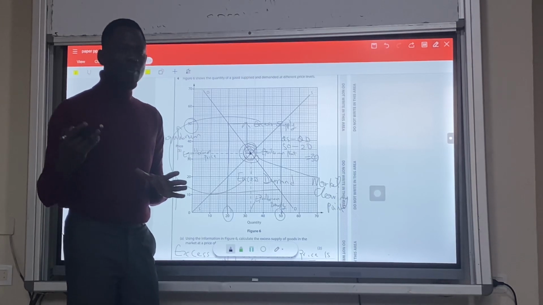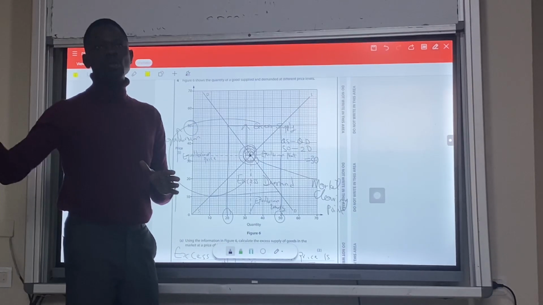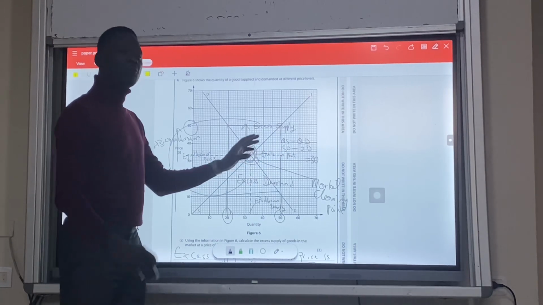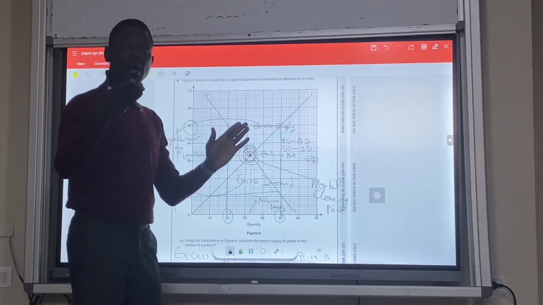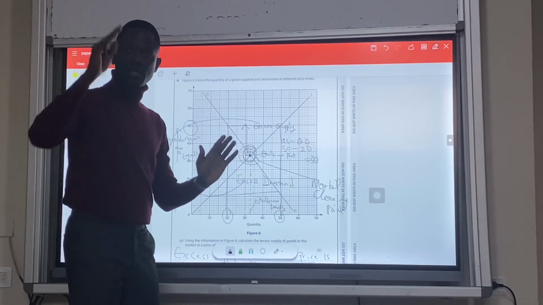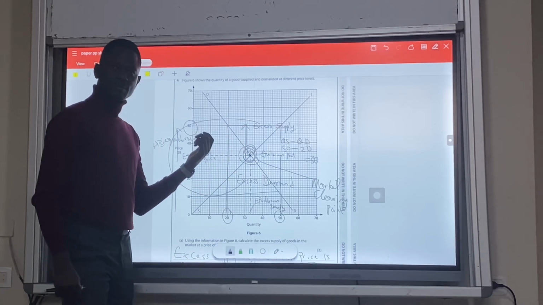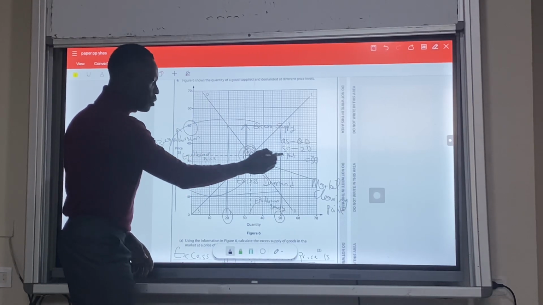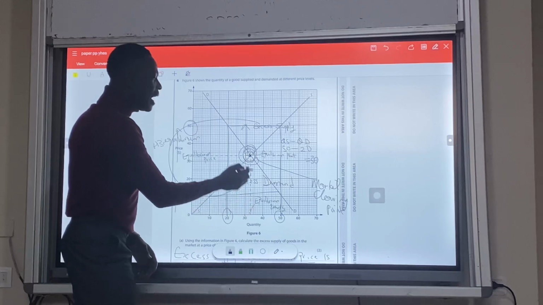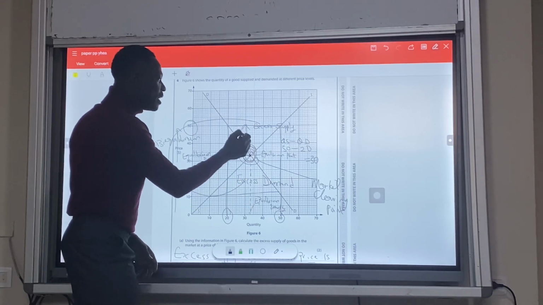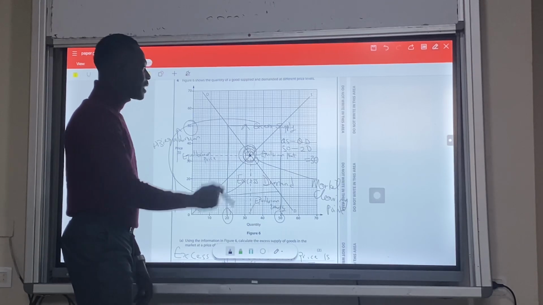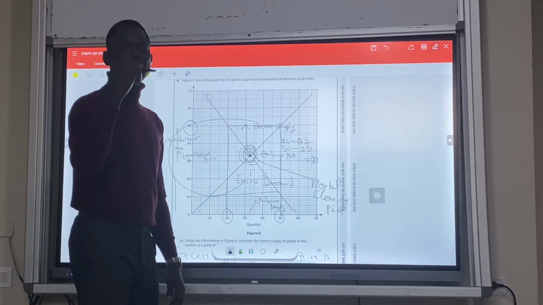Not demand. Demand is: the lower the price, the higher the quantity demanded. But here we're talking about supply. The focus is supply. So for producers to supply more in the market, the price would have increased, which is the situation here. Any point above the equilibrium, this is the equilibrium price, equilibrium point, equilibrium quantity, will bring about excess supply, because at this point producers will be able to make more than what they used to make.